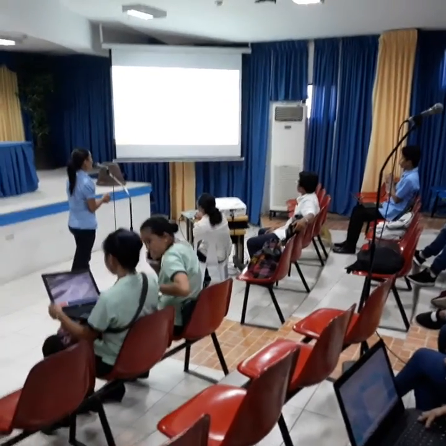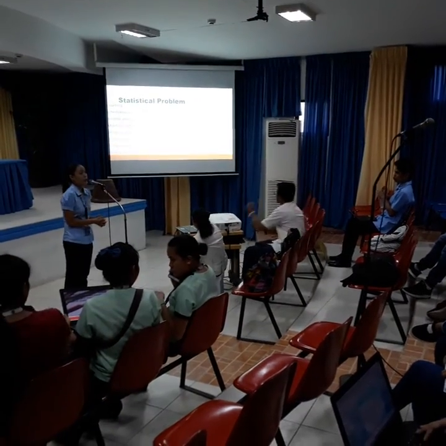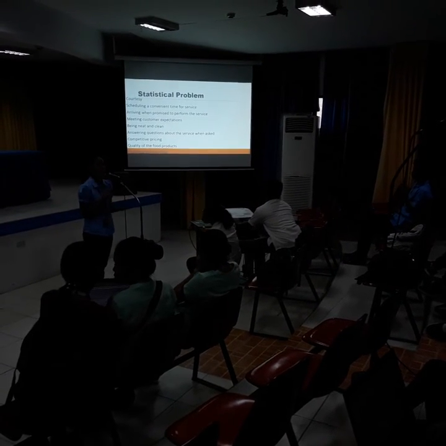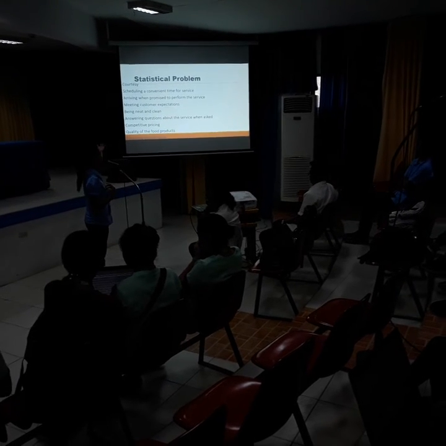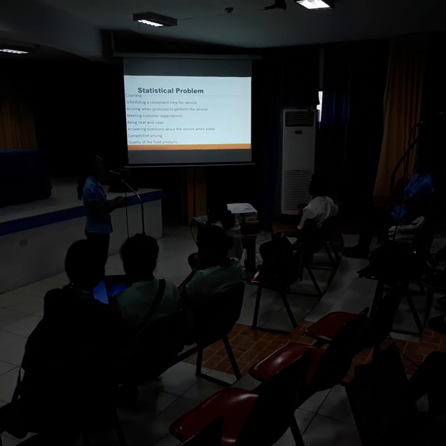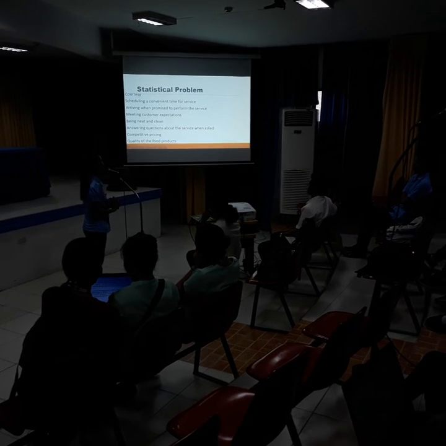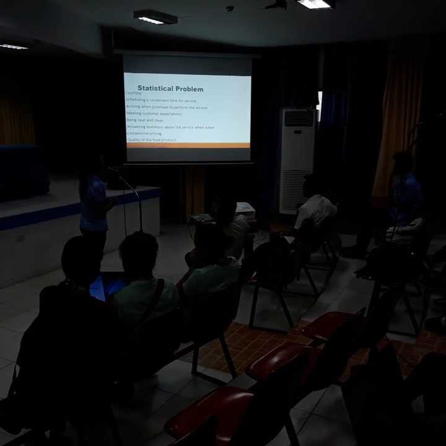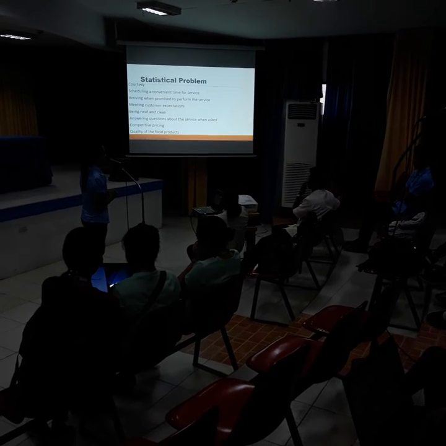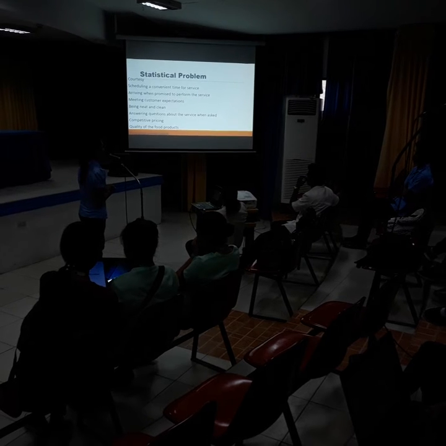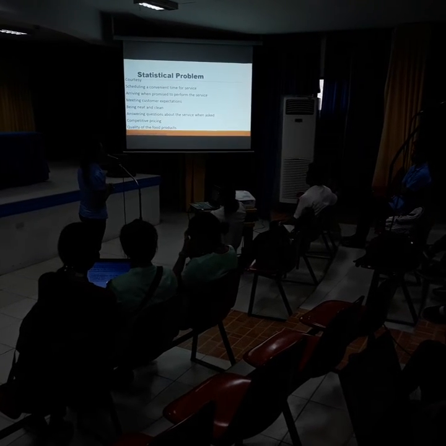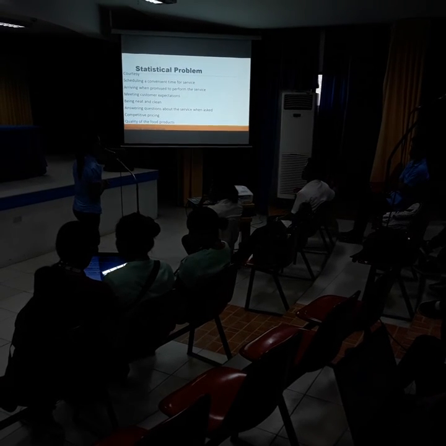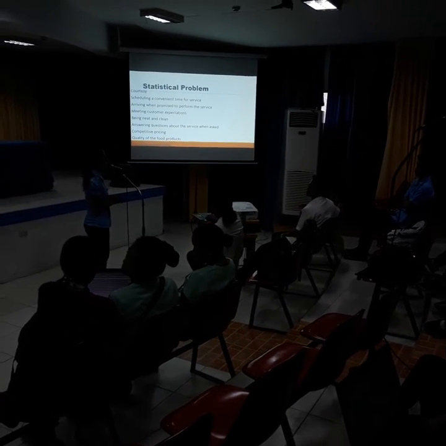So this is now the group of data that we will be having. The respondents rate the attributes of the canteen: courtesy, meaning how courteous the service crew or staff in the canteen are; scheduling a convenient time for service; arriving with promise to perform the service; meeting customer expectations; being neat and clean; answering questions about the service when asked; competitive pricing; quality of the food products; and providing overall value.